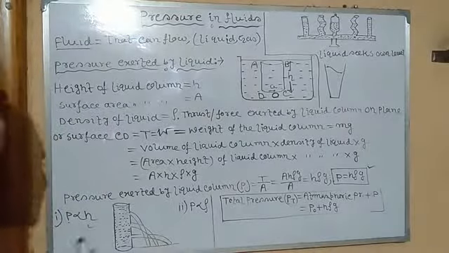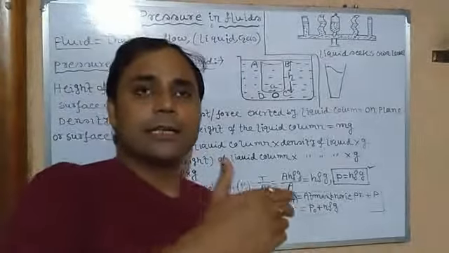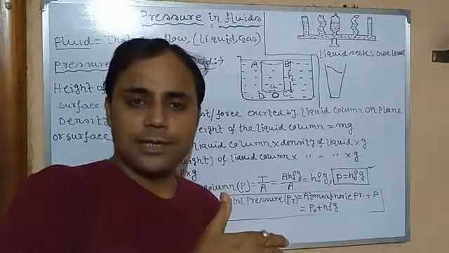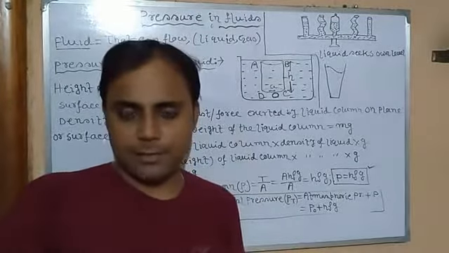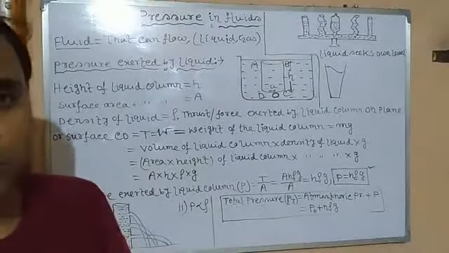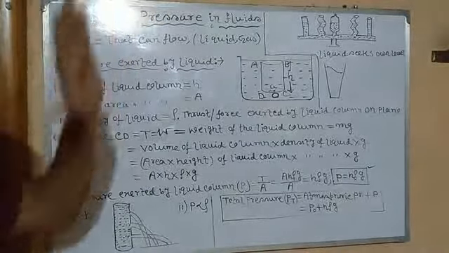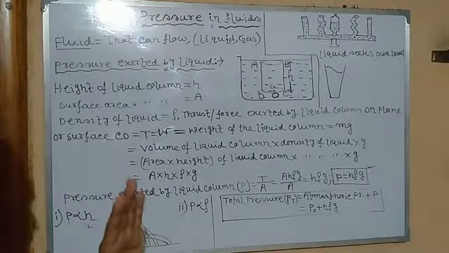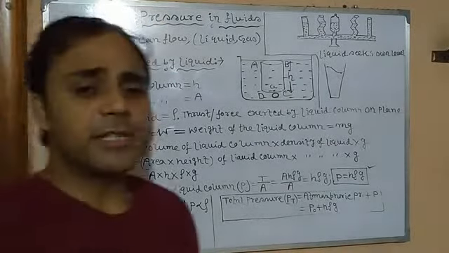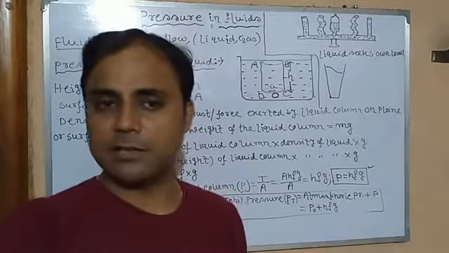Clear? Now that is a very easy example also. In case of the water supply system in a big city or in our house, generally the water tank is placed at the top. Why? Since with the water tank, the more the height, the more the depth of the water. Okay. So generally it has been seen at the ground level, the force of the water is immense, isn't it?